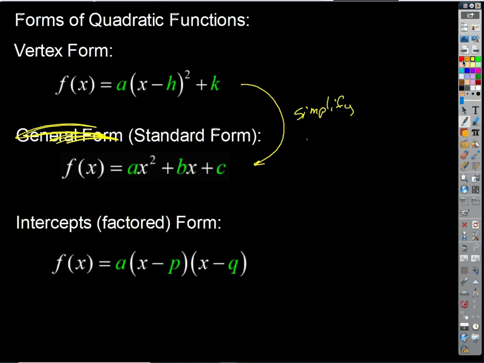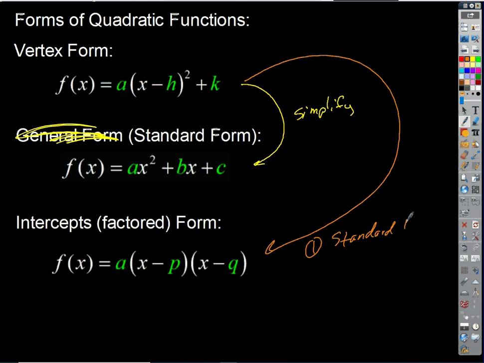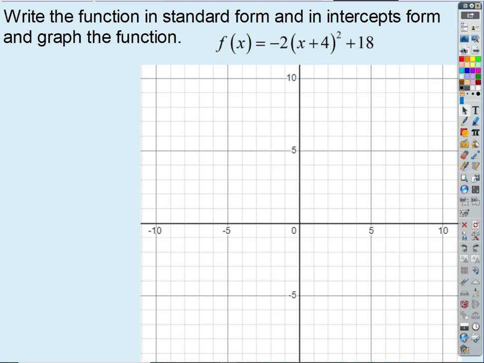And then to go all the way down to factored form, go to standard form first, and then factor.